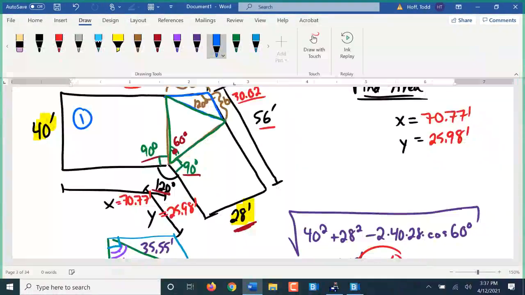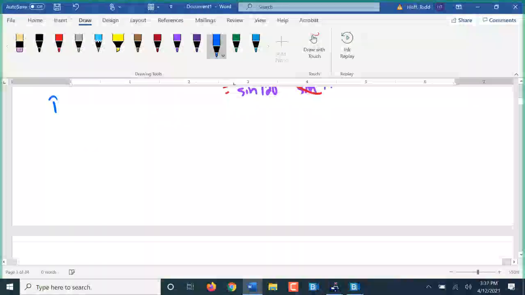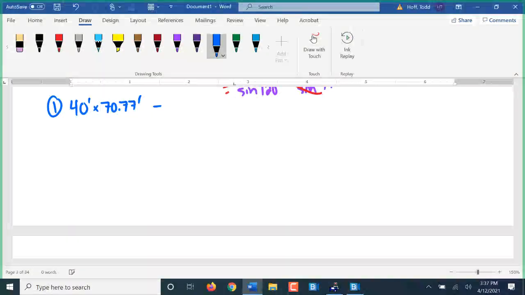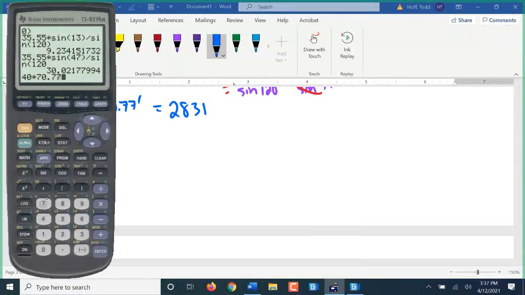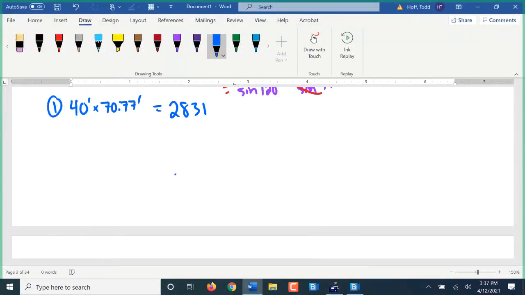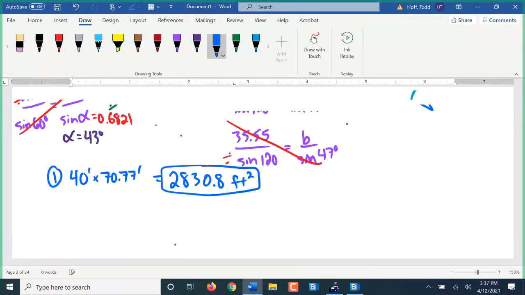How do I find the area of piece 1 there? $40 times 70.77 equals 2830.8. One of the pieces. I'm going to stay easy.